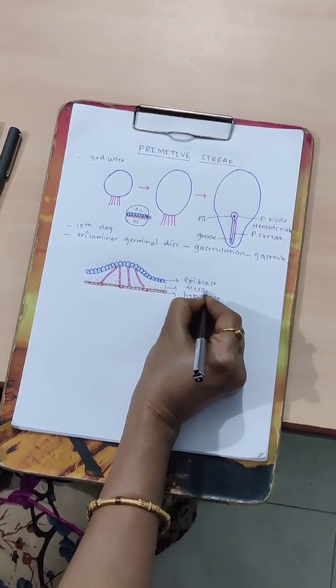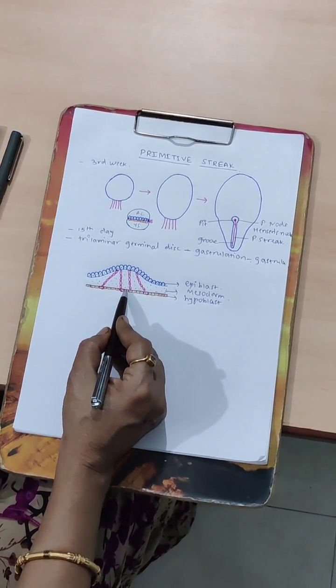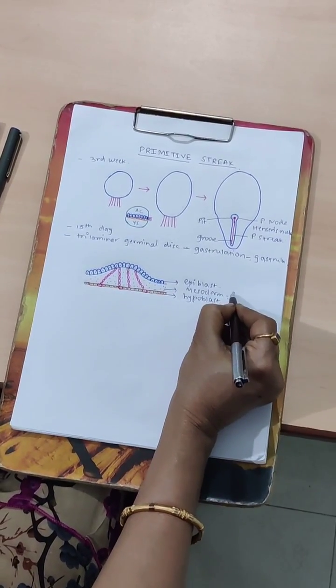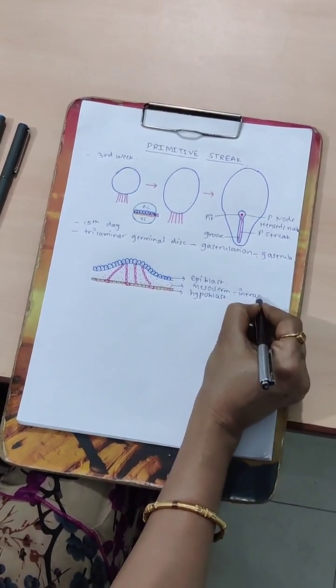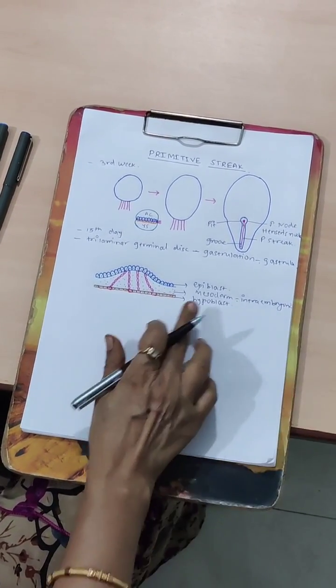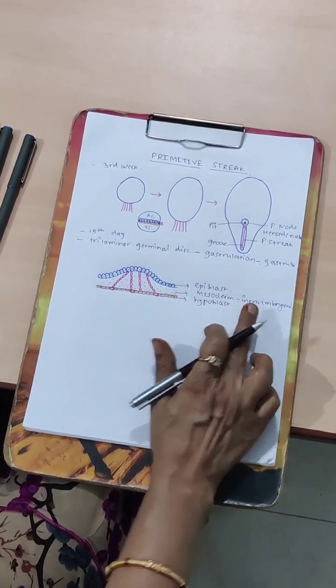So this pink color is the mesoderm. As it is present within the embryo, it is called intraembryonic mesoderm, or also called definitive or secondary mesoderm.